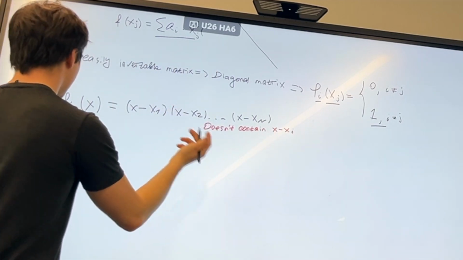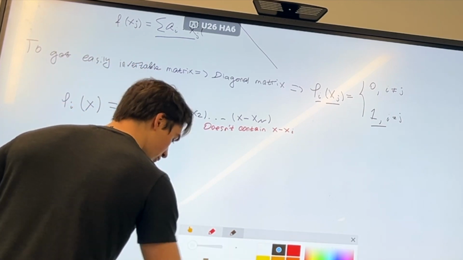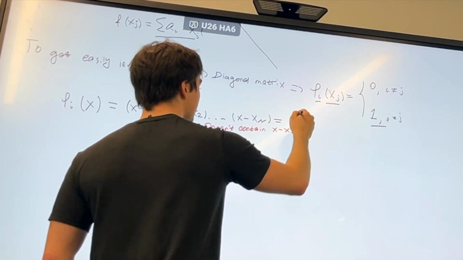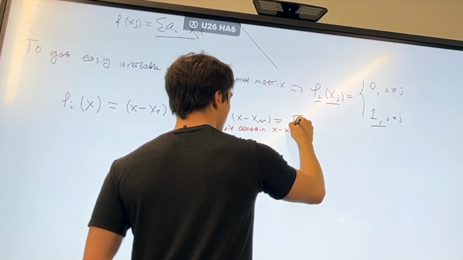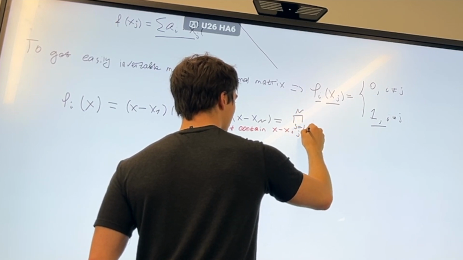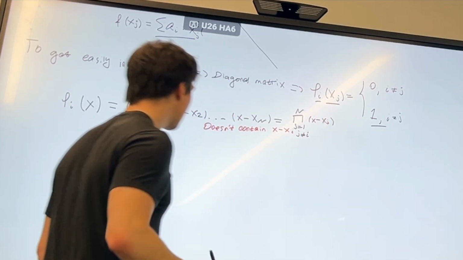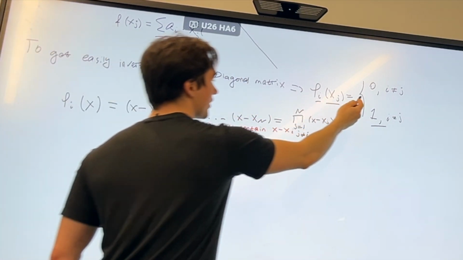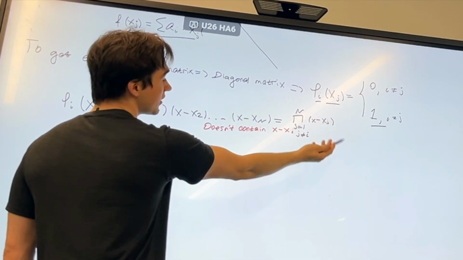And let's rewrite it a little bit differently. To simplify our notation, we'll say that it's equal to the product over j from 1 to n, j is not equal to i, of x minus xj. And let's check that at point xj, where j is not equal to i, we get 0, it's trivial.